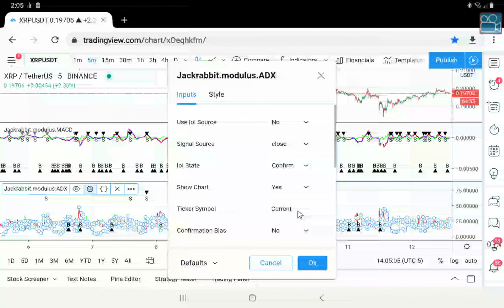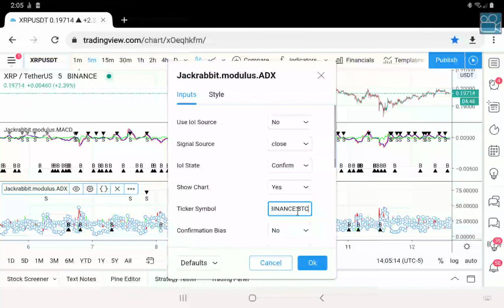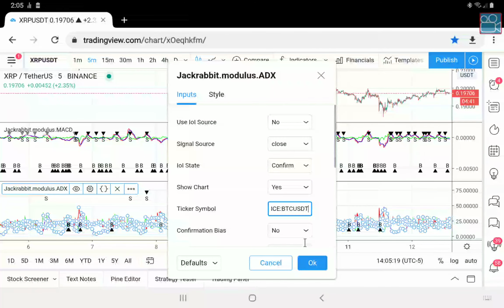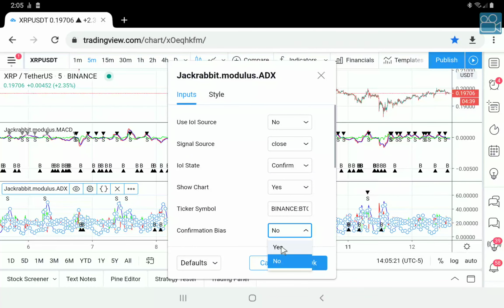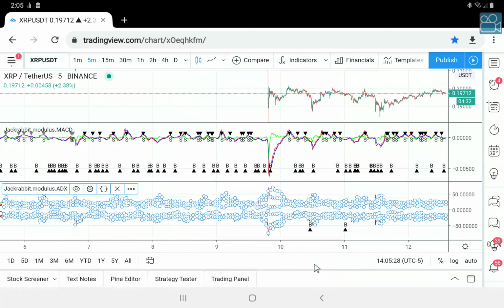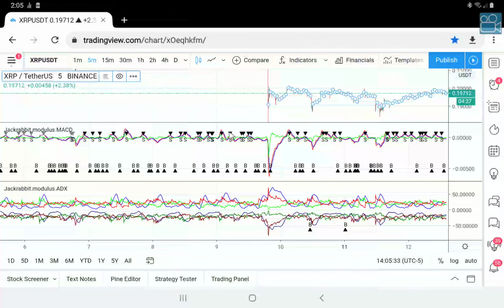Now let's compare against the Binance order book. And let's go with BTC with the base currency of USDT. We want confirmation bias. And we're going to leave everything else alone. Okay, so there we are. Nice and simple.